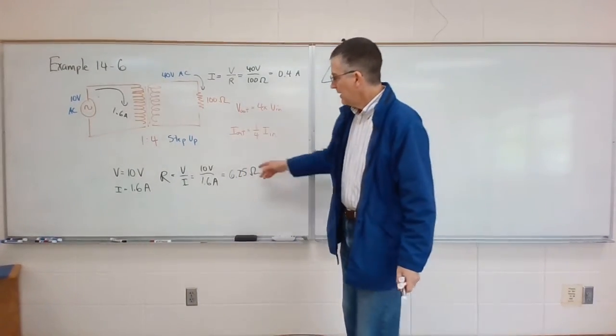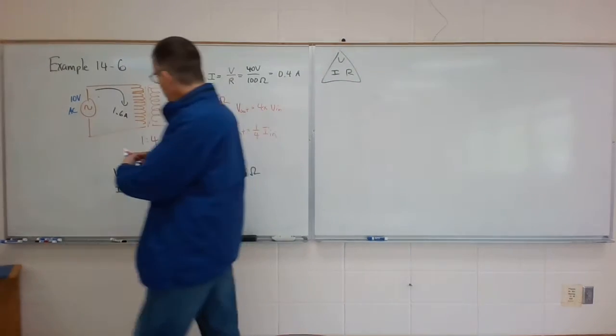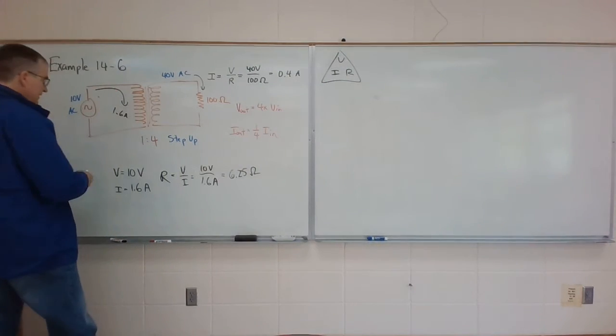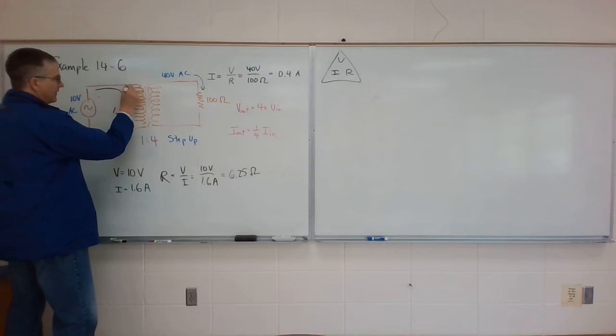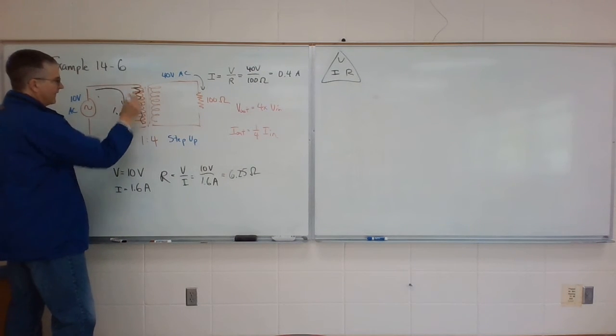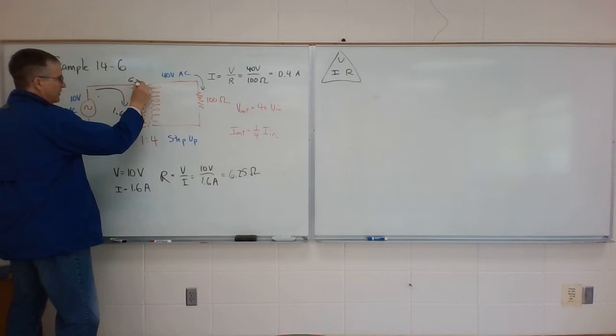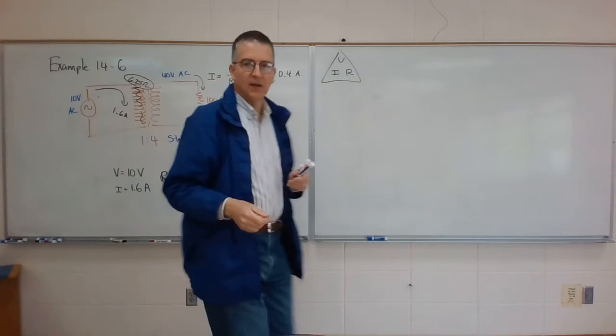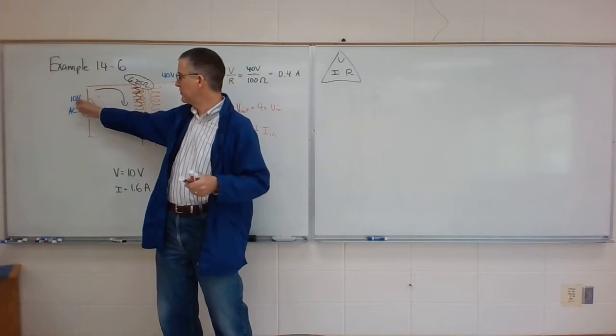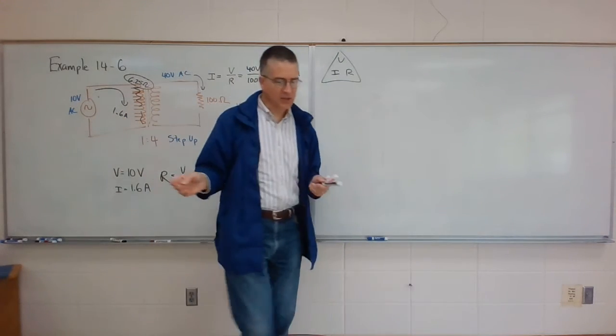Right, 6.25 ohms is the resistance that this thing sees. Why? Because it's a 10 volt source and it's 1.6 amps of current.